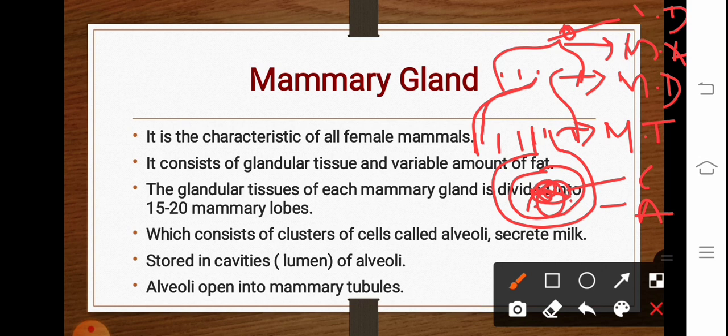This is very important because milk is sucked out from the lactiferous duct. Clear? Don't get confused. I'll clear everything.